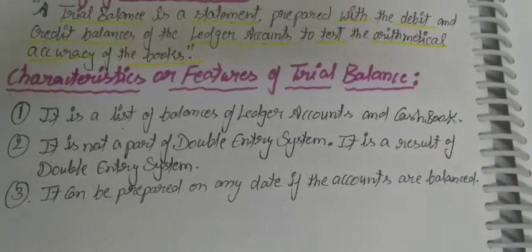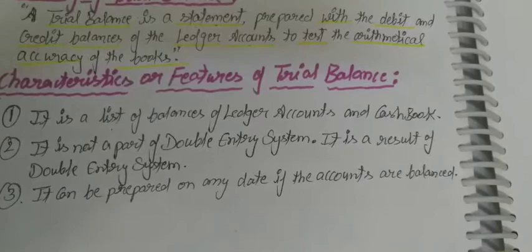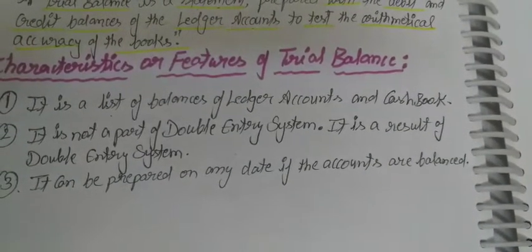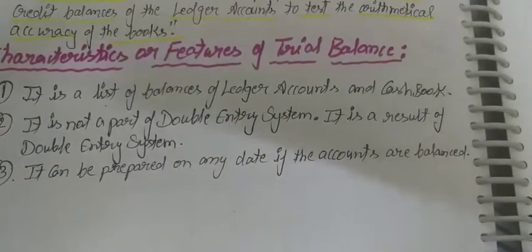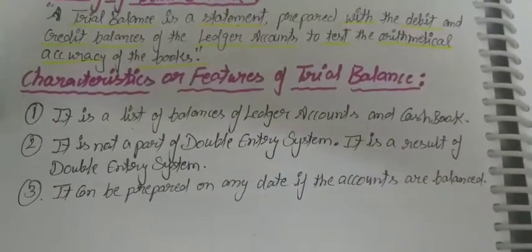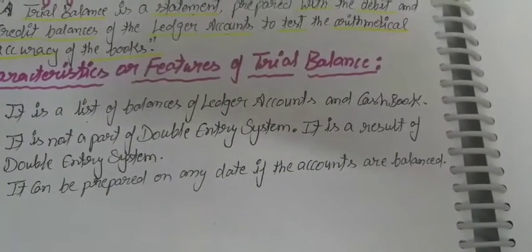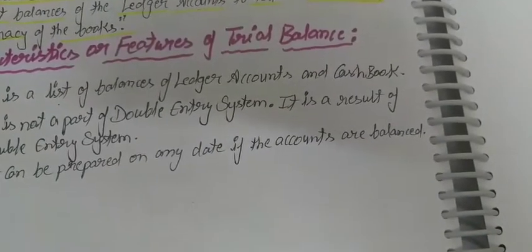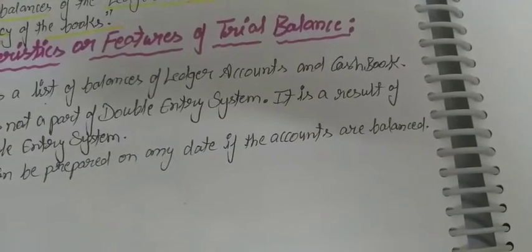Whenever the business is required to balance its accounts, at that time we can prepare the trial balance. At that time we can check the arithmetical accuracy of the accounts we prepare in the books of the business.